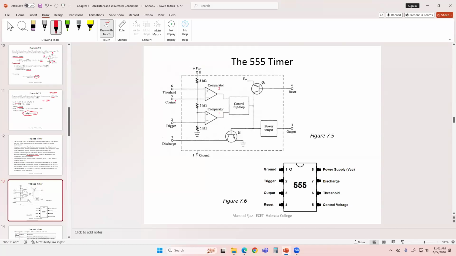Pin number 5 is control voltage, which is connected to the inverting input of comparator 2. Pin number 6 is the threshold, which is connected to the non-inverting input of comparator 2. Pin number 7 is discharge, and 8 is your VCC. So it's a single biased voltage power supply, and then you have the ground. You don't really need VCC and negative VCC for the 555 timer.